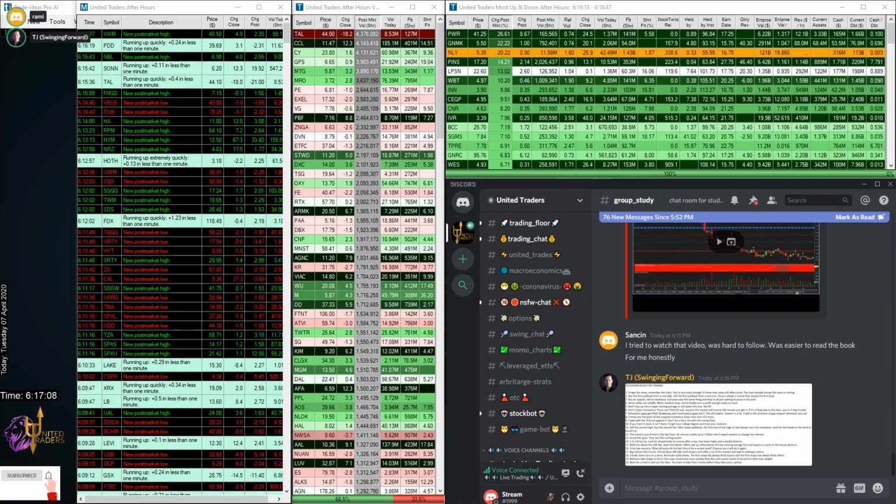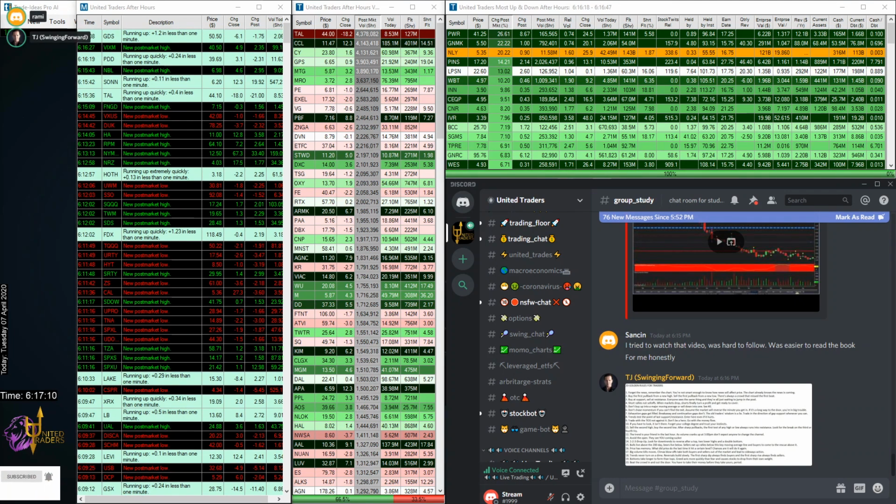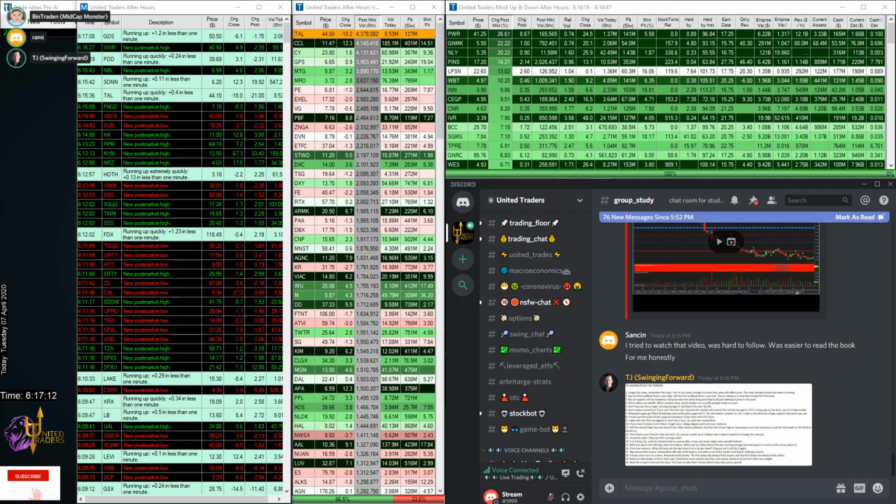If you buy it at support, and that trend fails and you stop out, at least you know that trend failed. Now, if you were to buy the breakout, and you'll see this, you think it breaks out, it goes up 10 cents, you're happy, and then it just crashes 20 cents. You're still within the support and resistance range. I don't like stopping out in that range, because the moment I do, guess what happens?